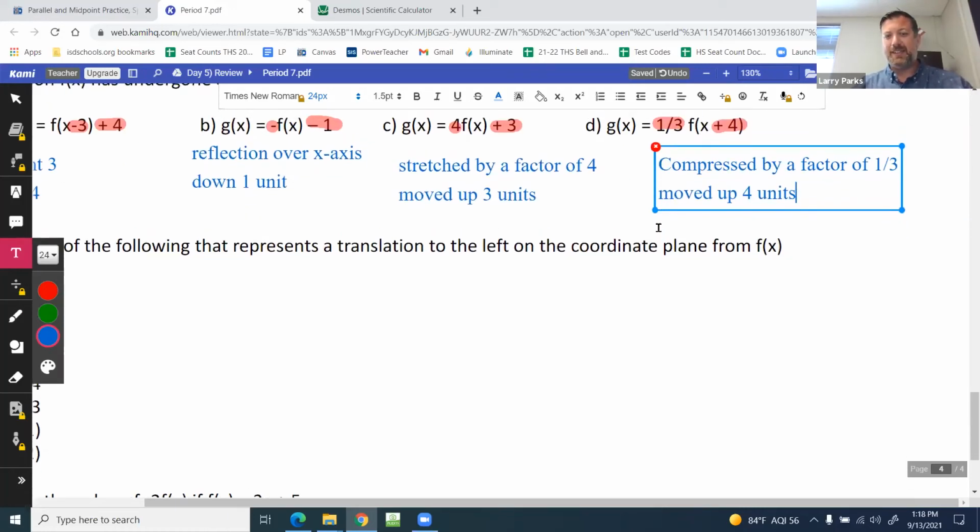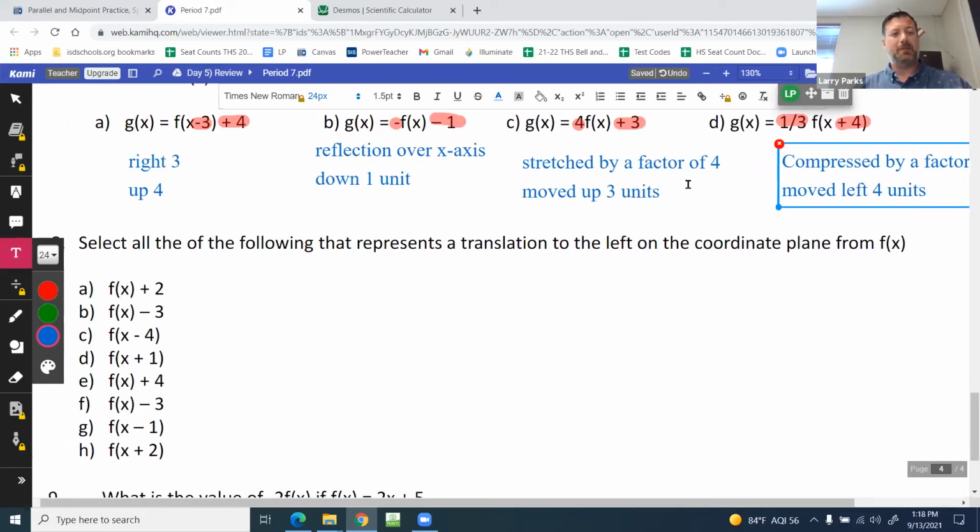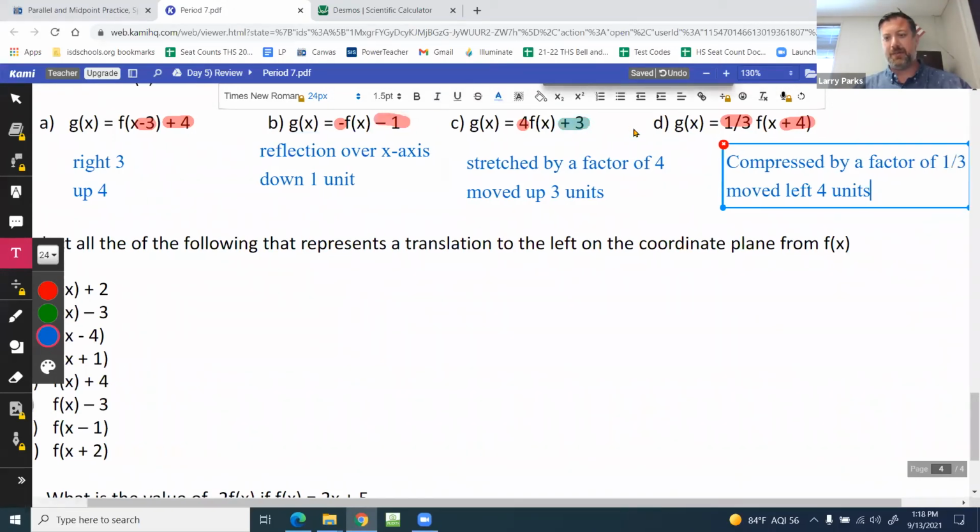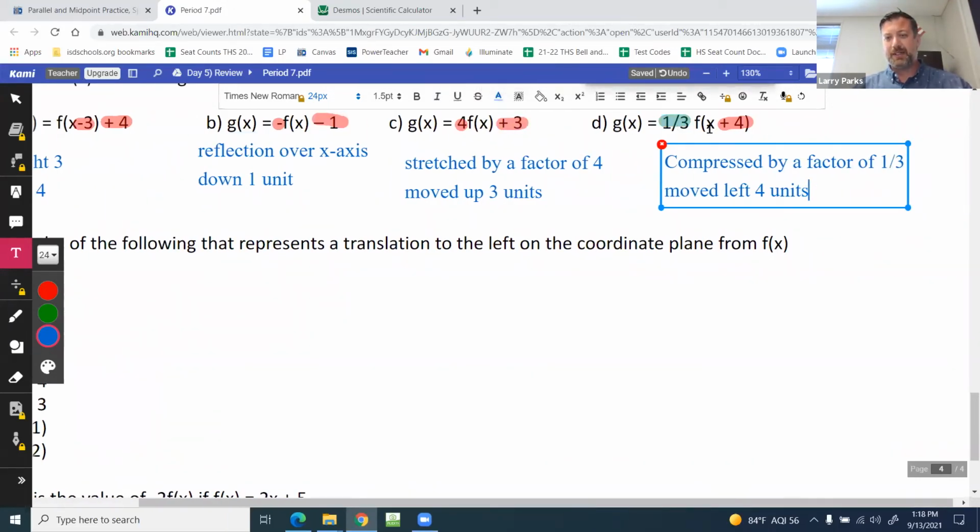Inside the parentheses is left and right. So that should say move to the, and it's the opposite of what you think, move to the left 4 units. I didn't make that mistake here. Nope, to the right 3, up 4, reflected, down 1, stretched, up 3, compressed, left 4. Okay.